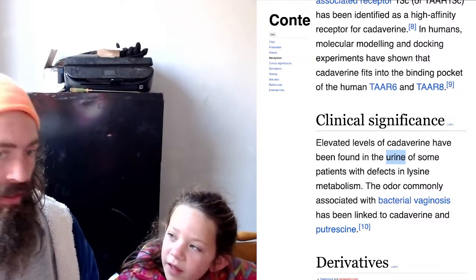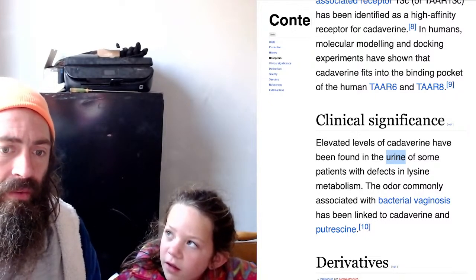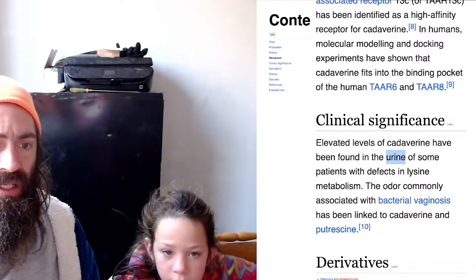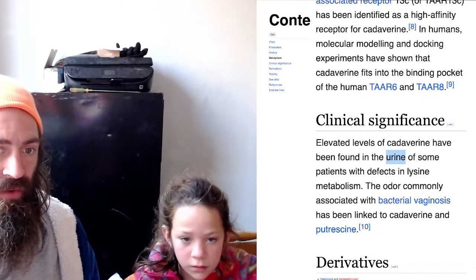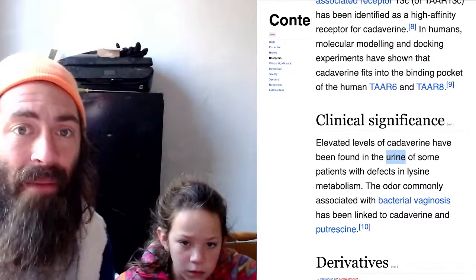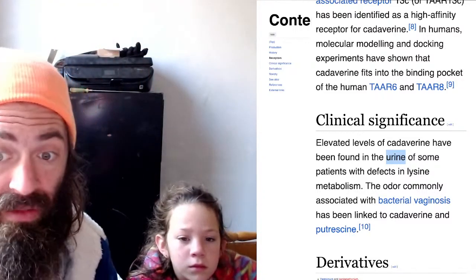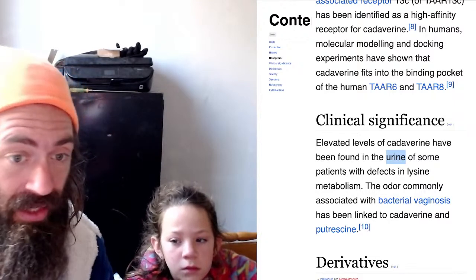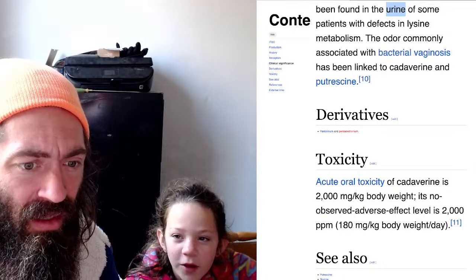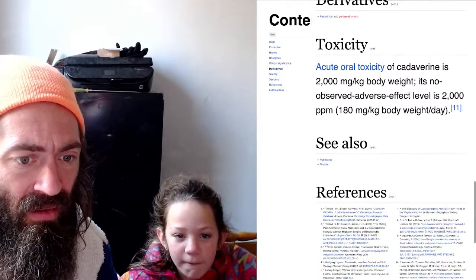The gills need fungi and bacteria. That's right. And my question here is, elevated levels of cadaverine have been found in the urine of some. So does that mean, when it says elevated levels, that cadaverine is in all human urine? I don't know. Okay. I want to learn about the human body. Yeah, I know. Me too.